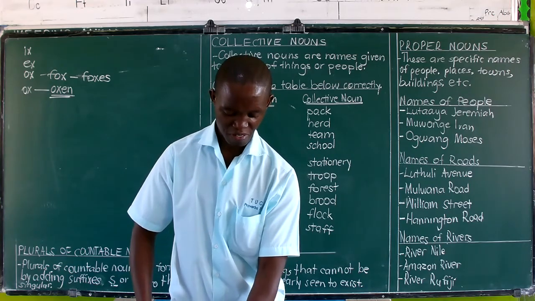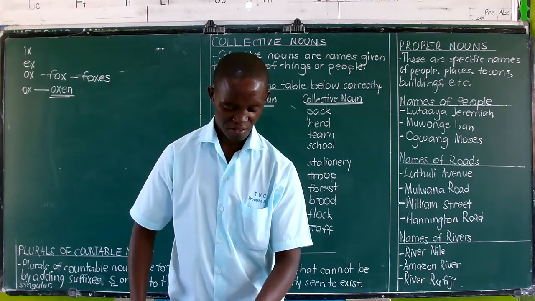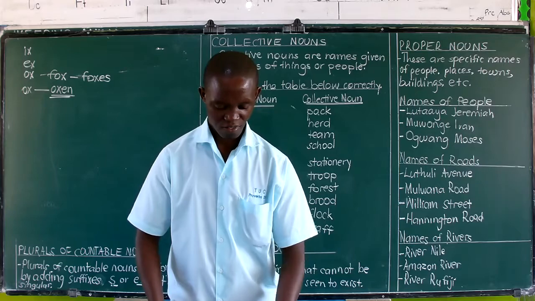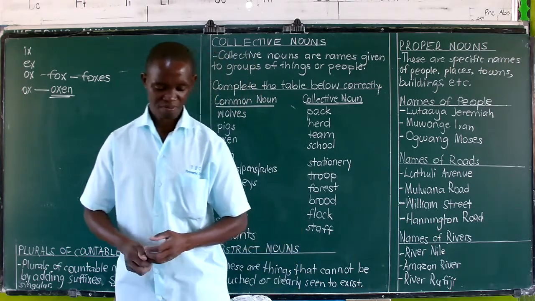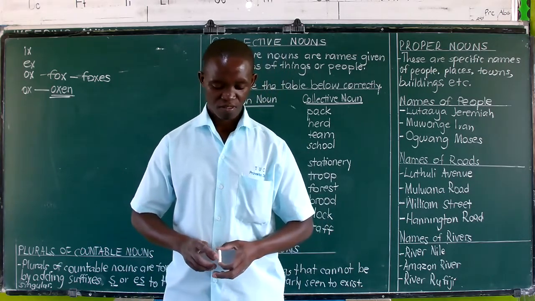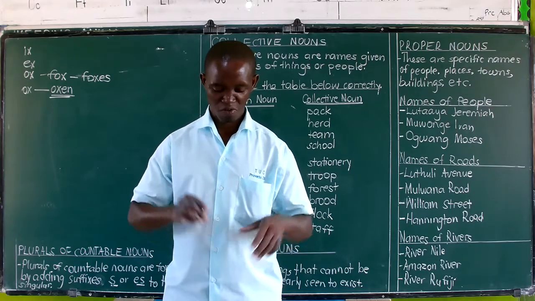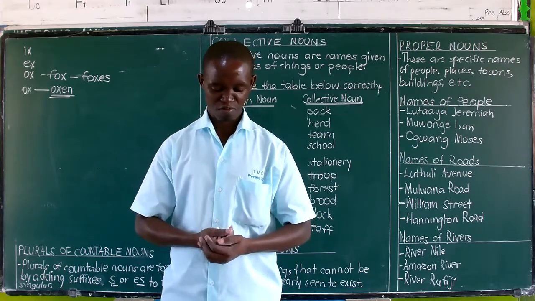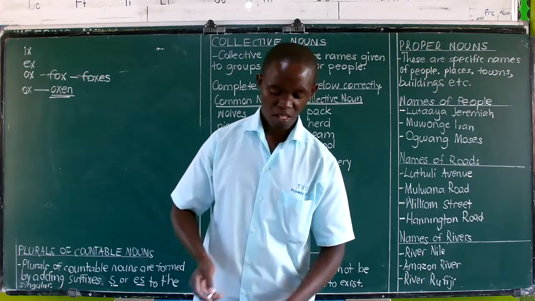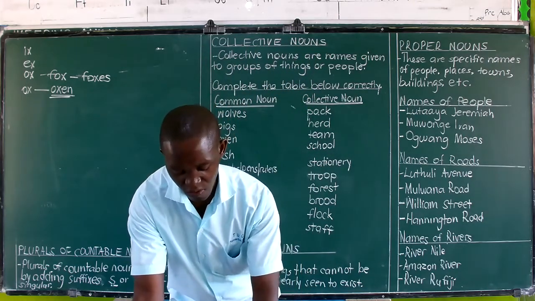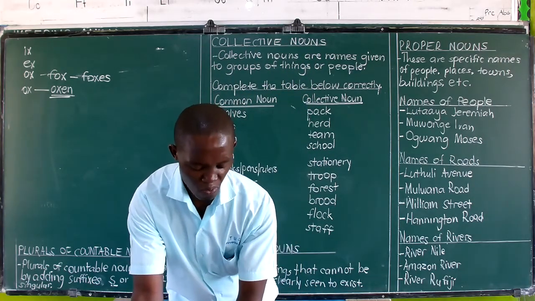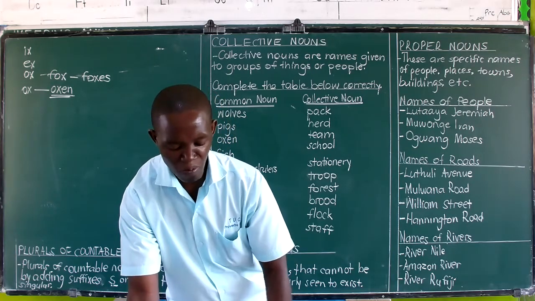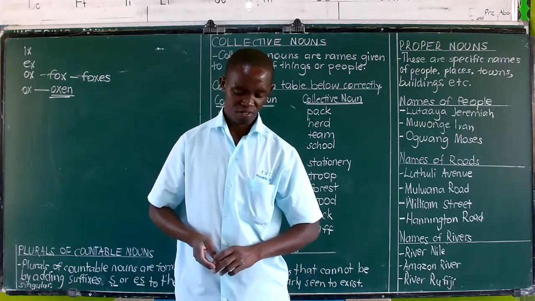Yes, we should not include barracks in our list. Looks like it's a singular noun. Next, we see commander-in-chief. This one should be part of our list. Fine, don't remove it. And the plural form should be commanders-in-chief. It's called a compound noun with two or more words. Nouns that are formed from two or more words are known as compound nouns.